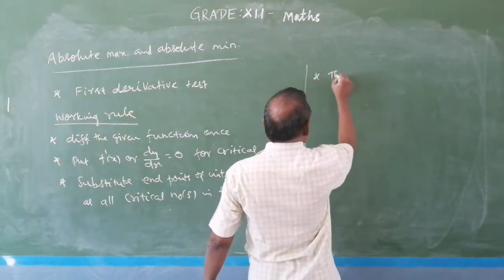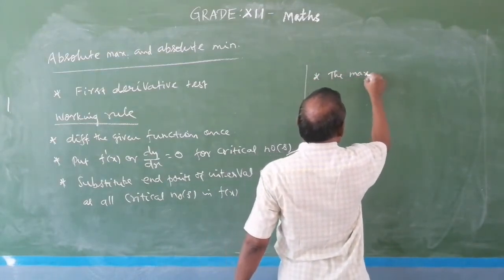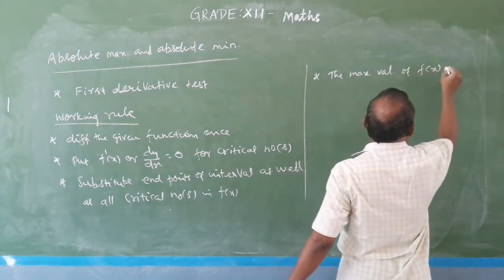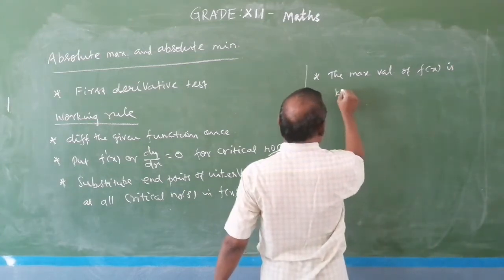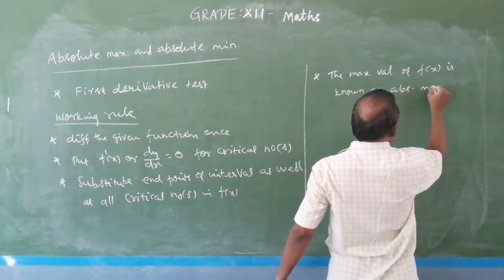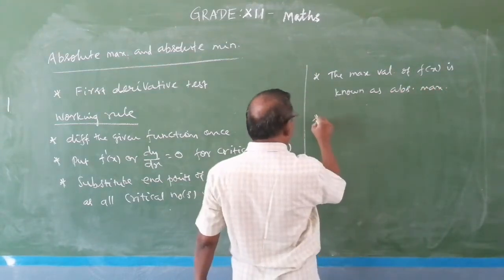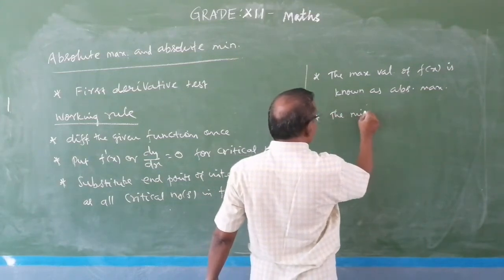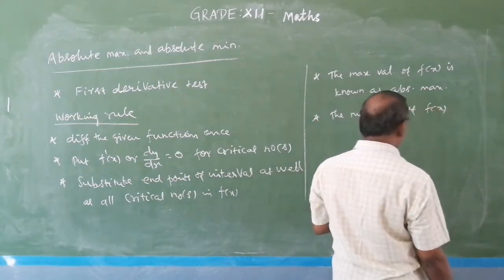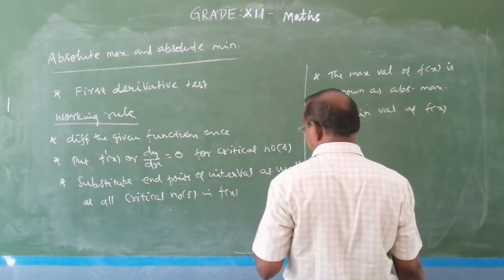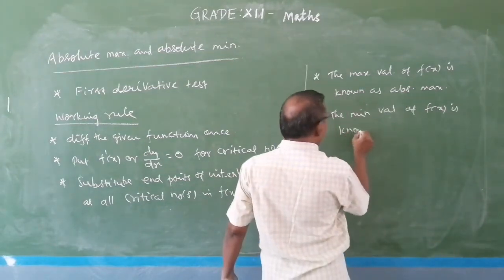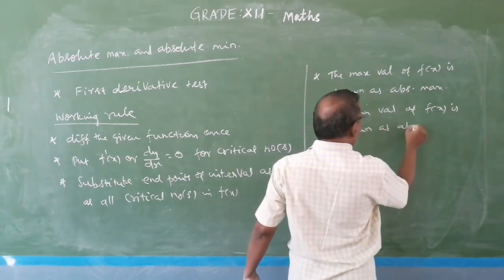Next, the maximum value of all f of x is known as absolute maximum, and the minimum value of f of x at the end points of the interval or critical numbers is known as absolute minimum.